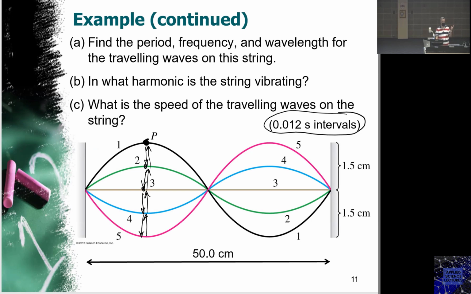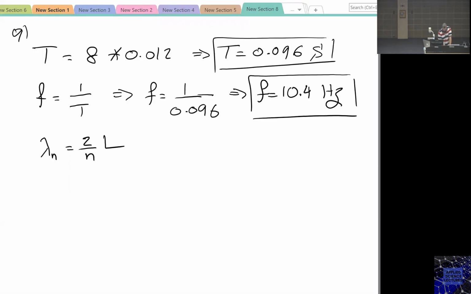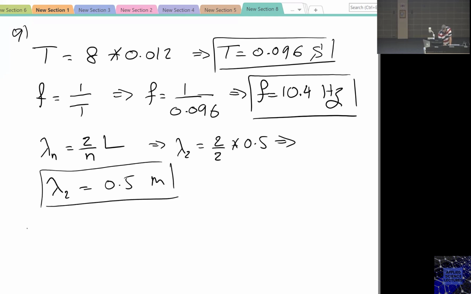Why 2? 2 antinodes. So 1, 2. I have 2 antinodes here. So I will substitute n with 2. 2 over 2 times 0.5, and lambda for the second harmonic is 0.5 meter.